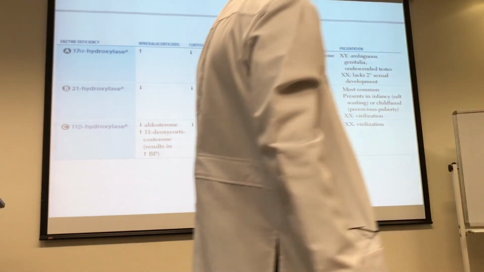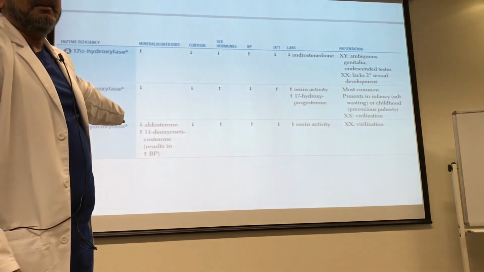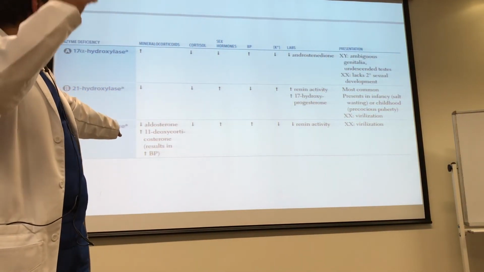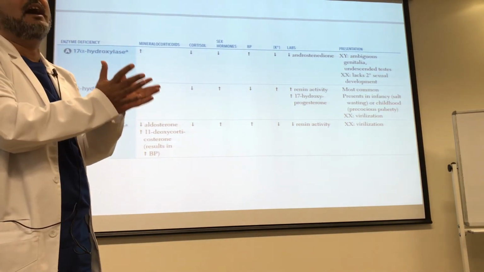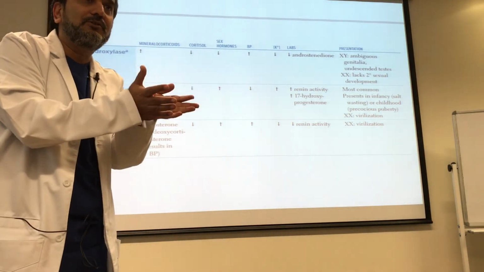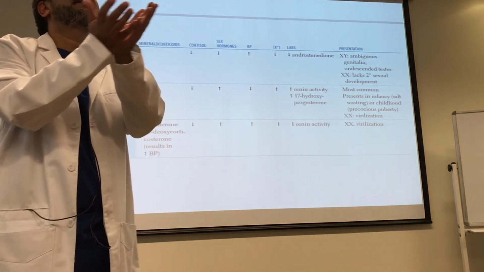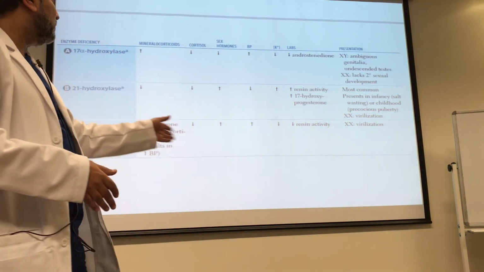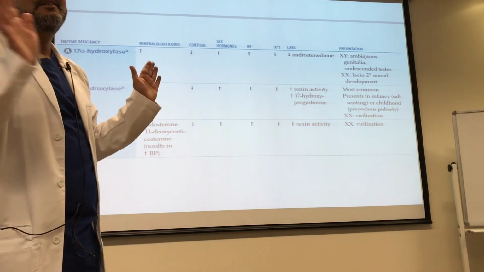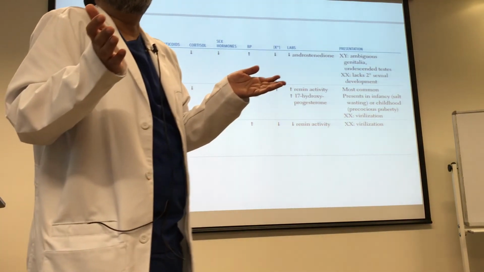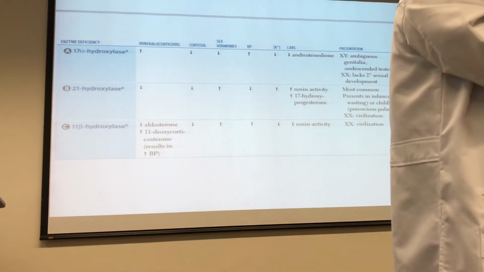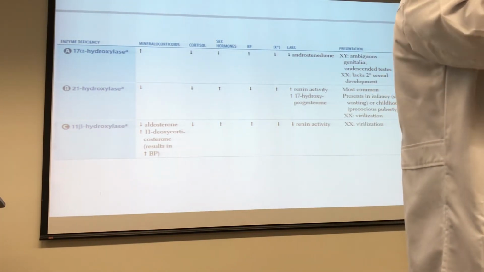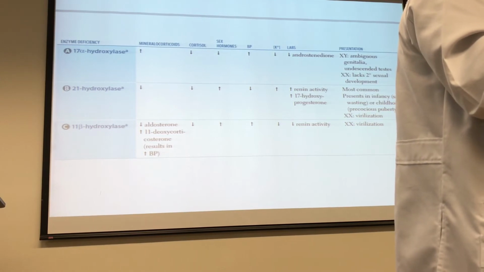So if you have 11-beta deficiency, you cannot convert 11-deoxycorticosterone into corticosterone, but you would still have 11-deoxycorticosterone, which has similar activity as aldosterone. So that's why you would not have the salt losing effects, but you would have effects of cortisol deficiency, and you would have deficiency of androgens. Clear?